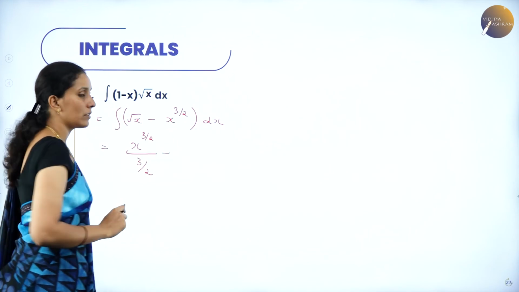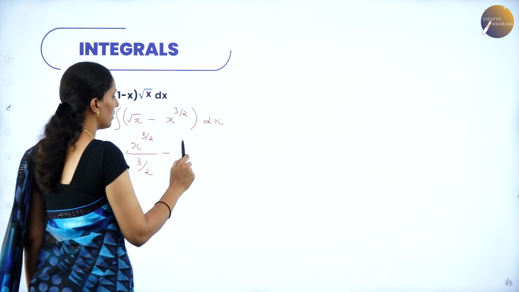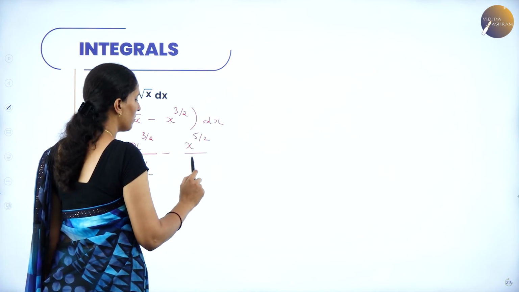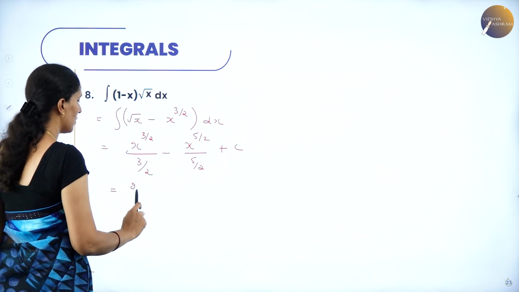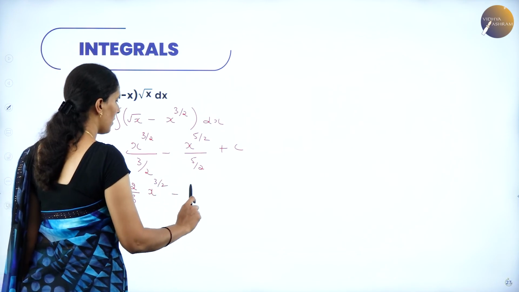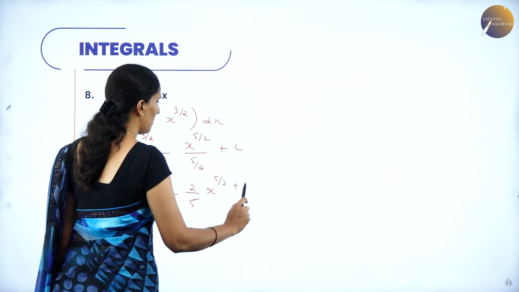Minus, here x to the power 3 by 2 is given, so x to the power 3 by 2 plus 1, which is 5 by 2, divided by 5 by 2, plus c. So, thus we can write it as 2 by 3 x to the power 3 by 2 minus 2 by 5 x to the power 5 by 2 plus c.